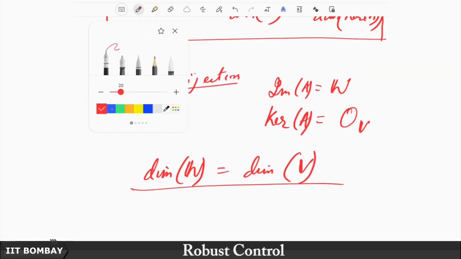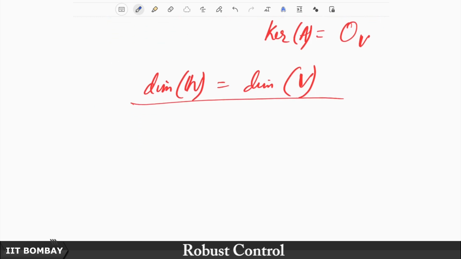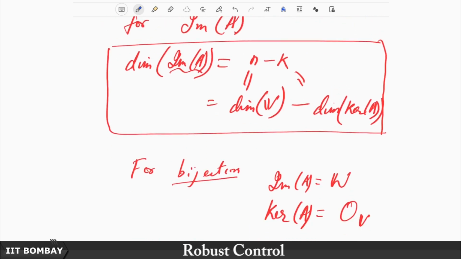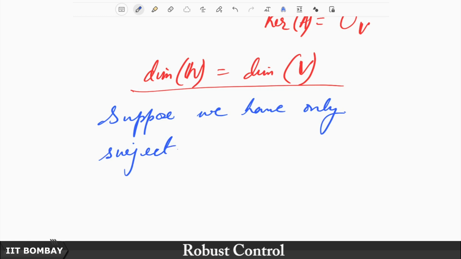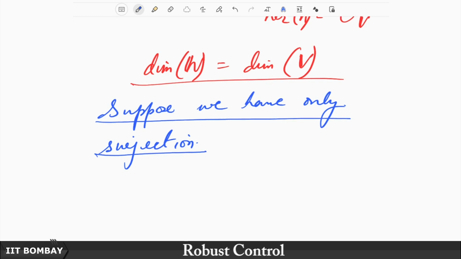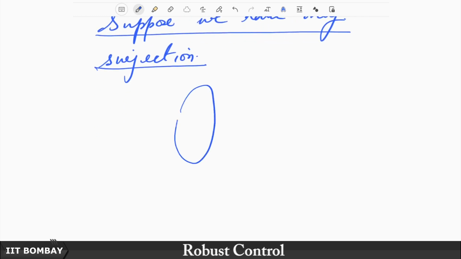Okay. So now what is the benefit of having such bijections, apart from the fact that the rank nullity theorem gives us these elegant results? It also turns out that, suppose we have only surjection. Much as I would hate to draw figures, I will have to draw some here to explain it better.